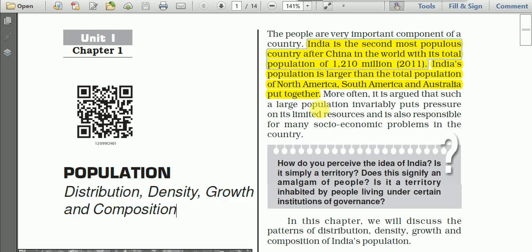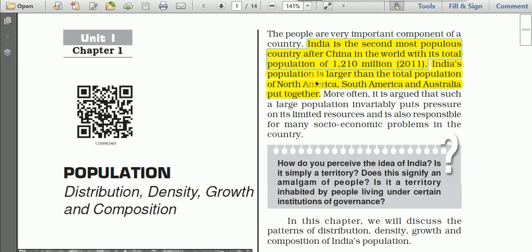India is the second most populous country after China in the world, with a total population of 1,210 million in 2011. So we know that India is the second most populous country in the world after China, with a total population of 1.21 billion, that is 1,210 million, according to the 2011 census.